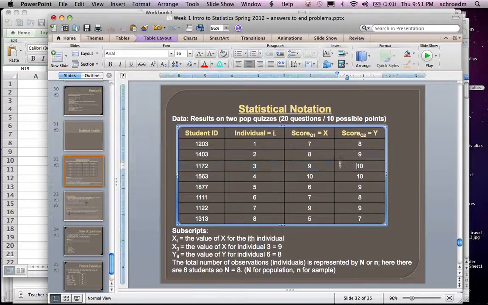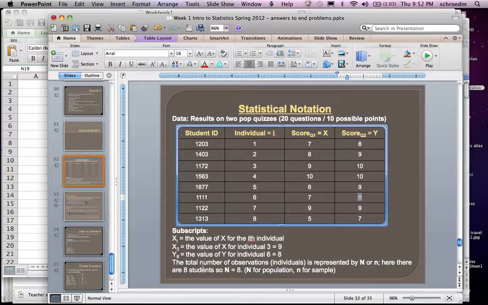My X score is 9, so I am looking at this value right here. So X sub 3 means a value of 9. Y sub 6, on the other hand, means I'm looking in my Y variable at the sixth person. So I go in this row in this column and I find it's a value of 8.